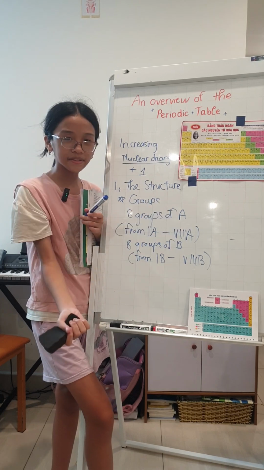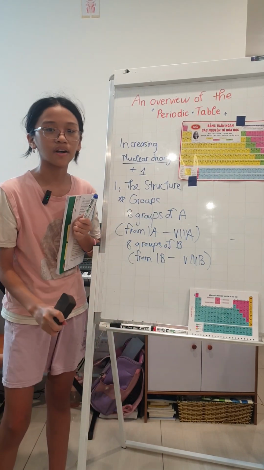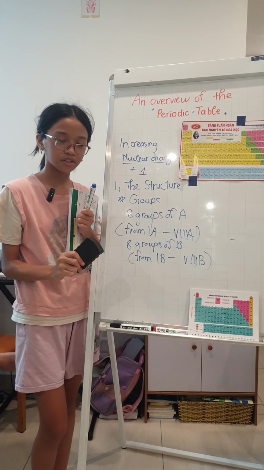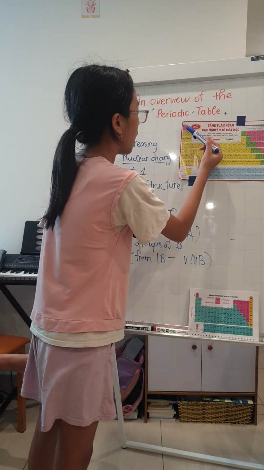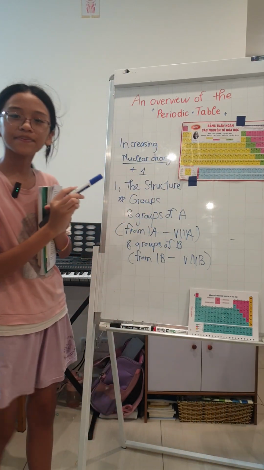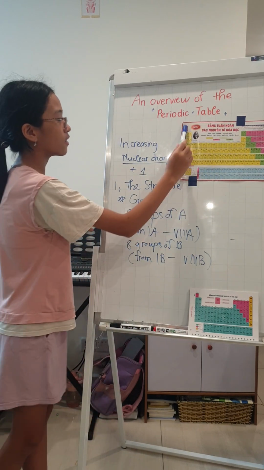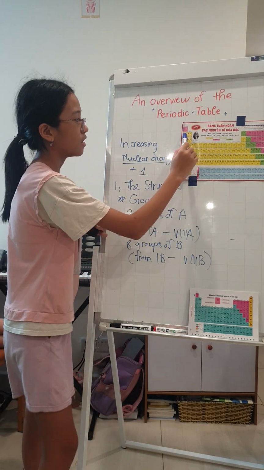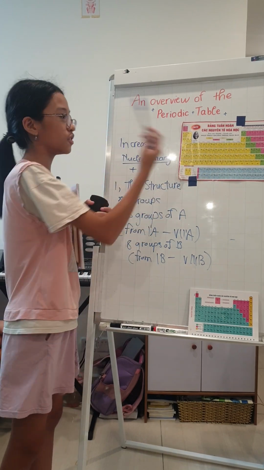However, the groups determine the number of electrons in their outermost shell. For example, here, I'll take lithium. Lithium is in group 1A, and its period is period 2.